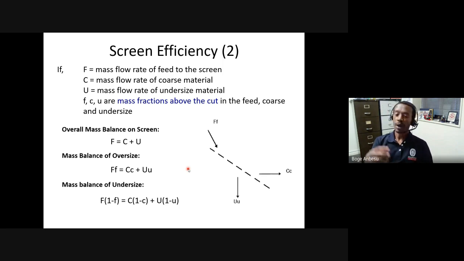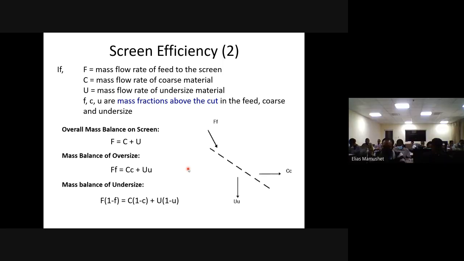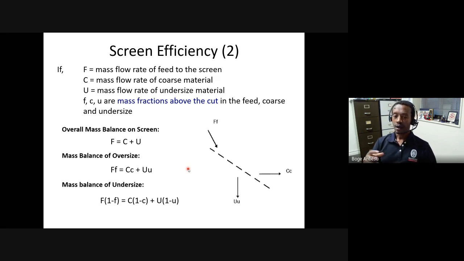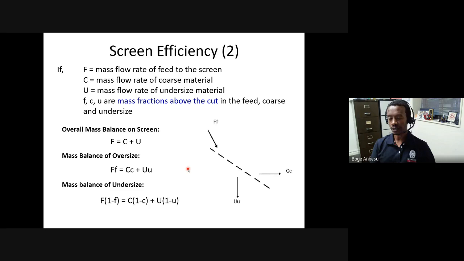We can even track particle sizes from, say, feed to the crusher to whatever comes out of the crusher and so on. And we can follow the same thing for a screening operation as well. So for example, I start with a given mass of feed going into a screen, I do my screening operation, and I collect overflow, oversize and undersize.